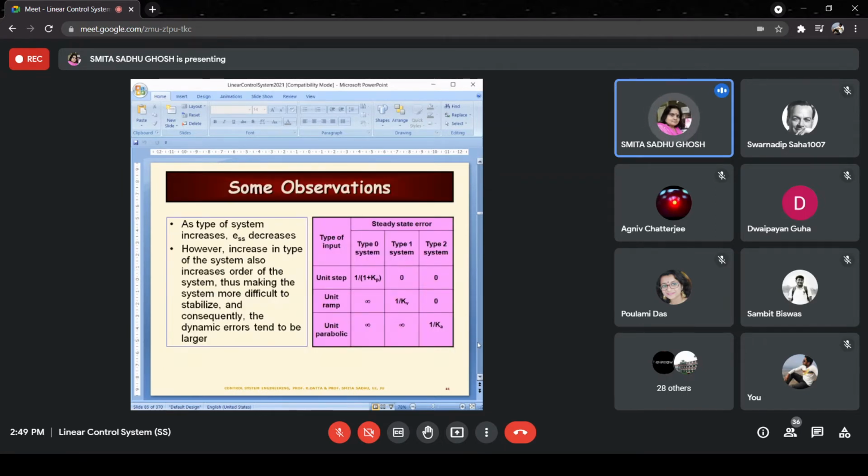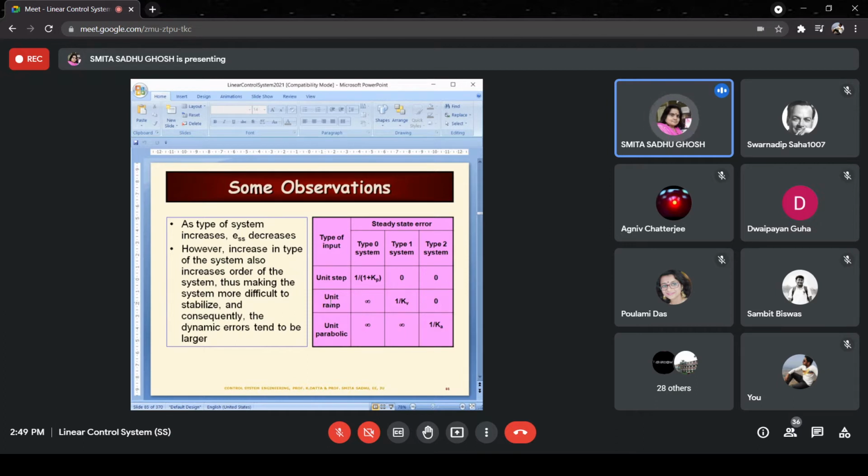Now, some observations. This actually is based on the table that we saw earlier, 2 slides before this. So here now the same table is reproduced. If you look at this table, it might give you some false ideas or some correct ideas as well. One thing that we are able to see is that as the type of the system increases, for a type 0, if it was constant, type 1 is 0, type 2 is 0, and higher ones, type 3 and higher types are also going to be having a steady state error equal to 0.